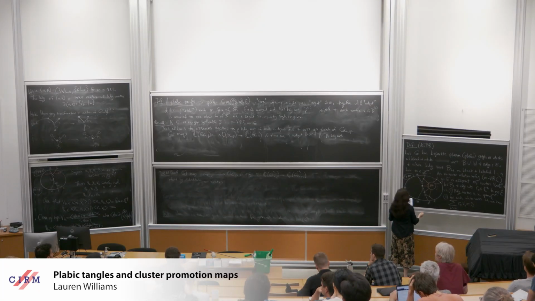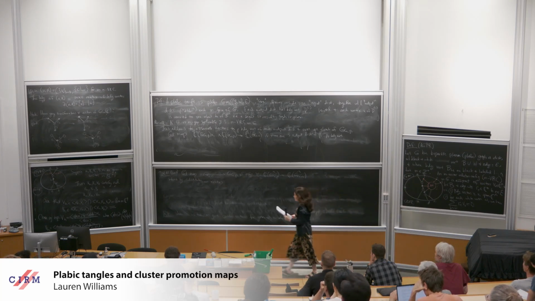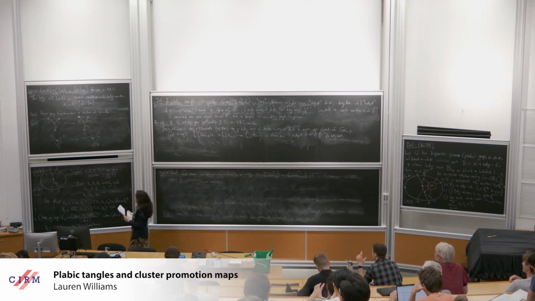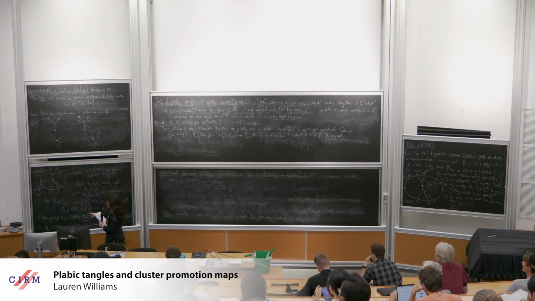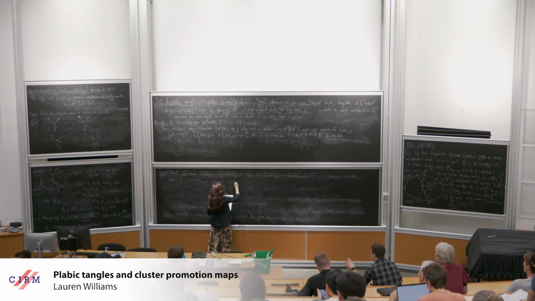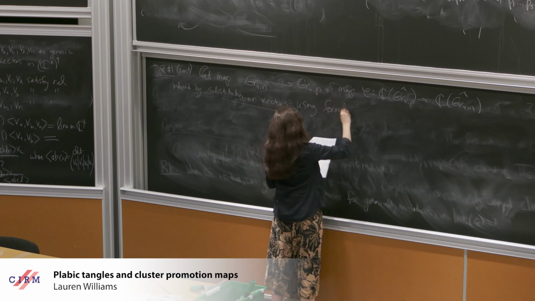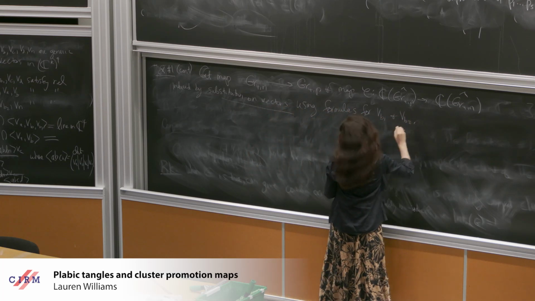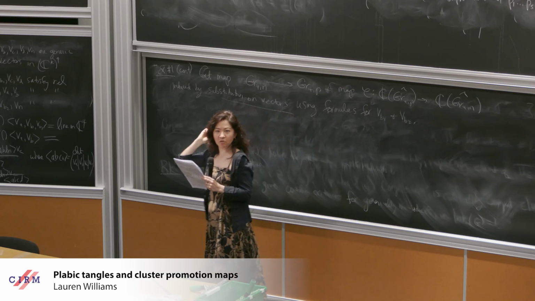Let me not write it down, but I'll just say it's induced by a substitution of vectors using these formulas for VB1 and VB2. And one can write it down in terms of Plücker coordinates as well.